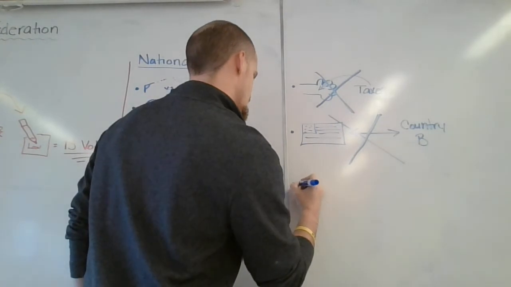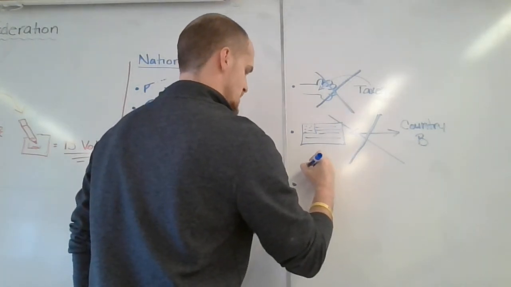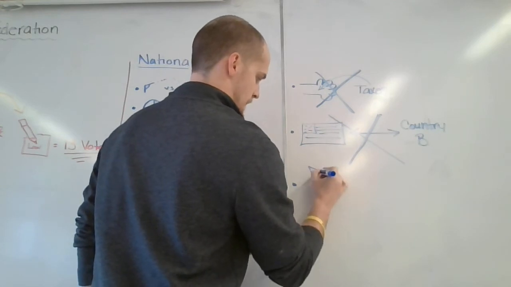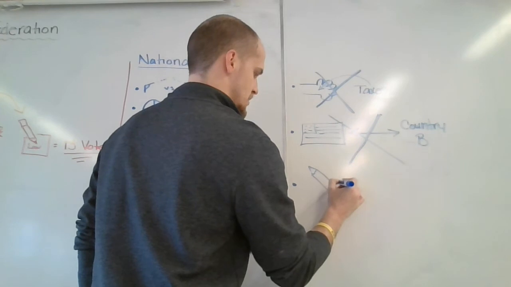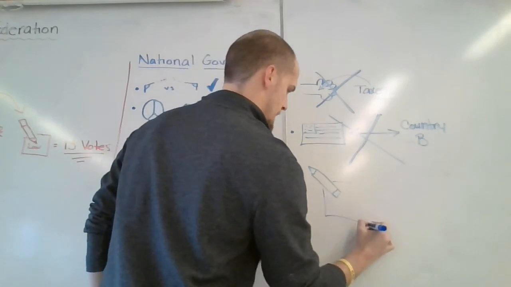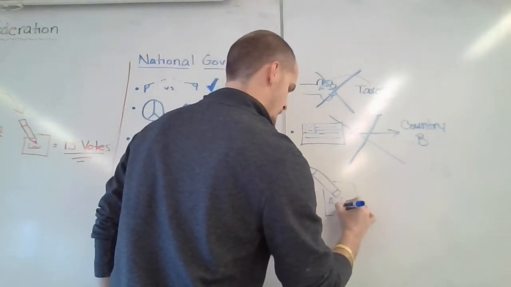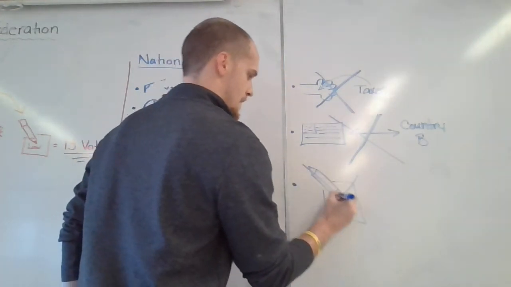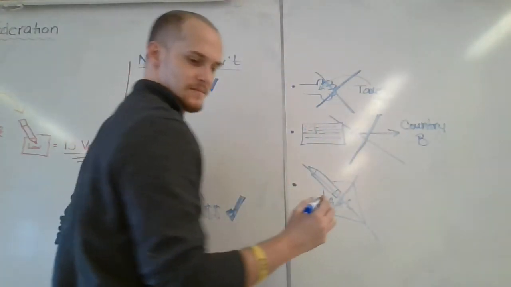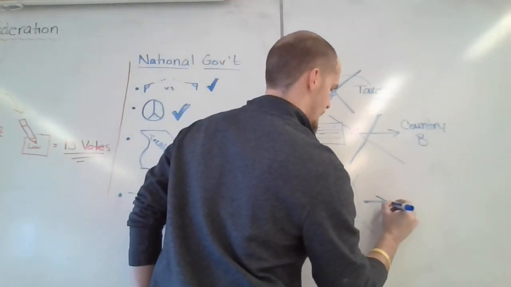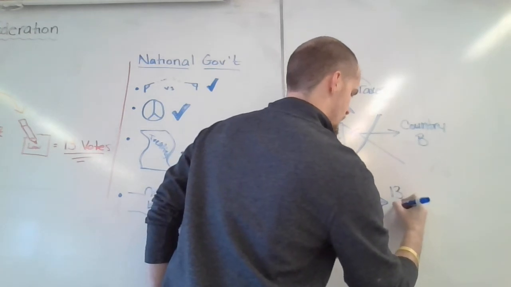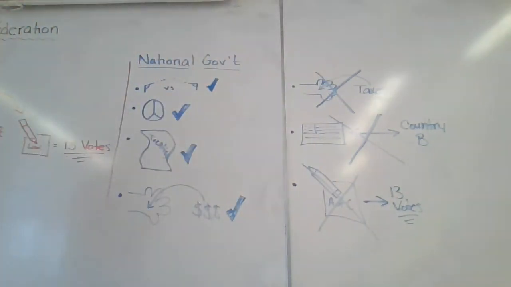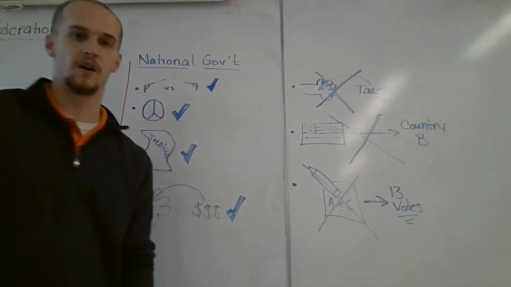If the government wanted to change something in the Articles of Confederation, so if they wanted to undo or erase something, well, they couldn't do that unless you got all 13 votes, which we talked about under the structure of the Articles of Confederation.